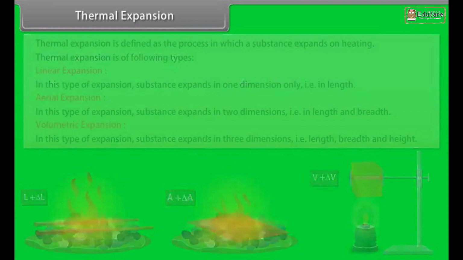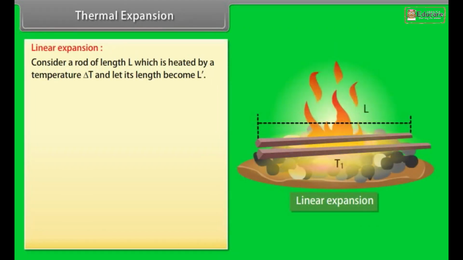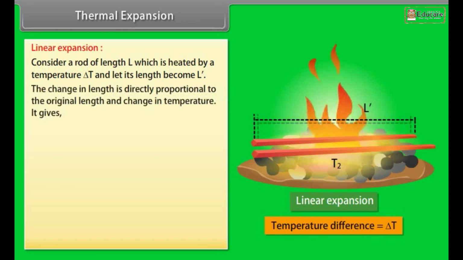Linear expansion. Consider a rod of length L, which is heated by a temperature ΔT, and let its length become L'. The change in length is directly proportional to the original length and change in temperature. It gives L' - L is directly proportional to LΔT, or L' - L = αLΔT.